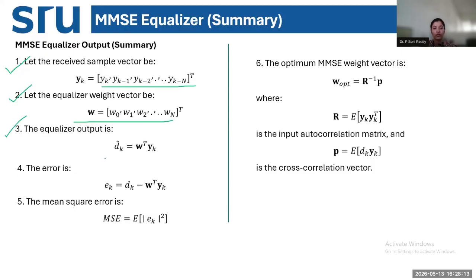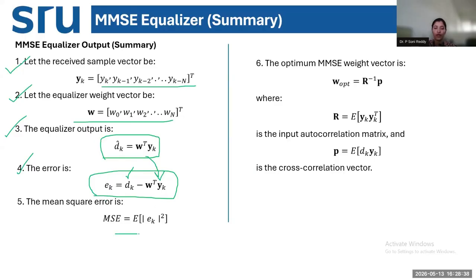Then we have to find the actual equalizer output using this equation. So we multiply the coefficient with the received signal factors here and find the error value. So what is the error value here? The error value is nothing but my transmitted signal minus the regenerated signal, the equalizer output.